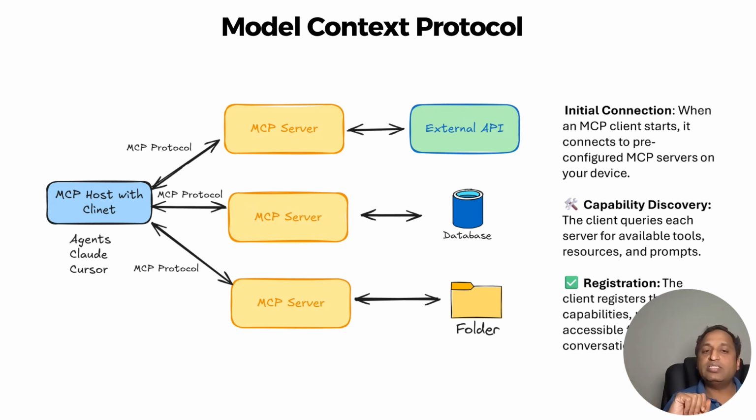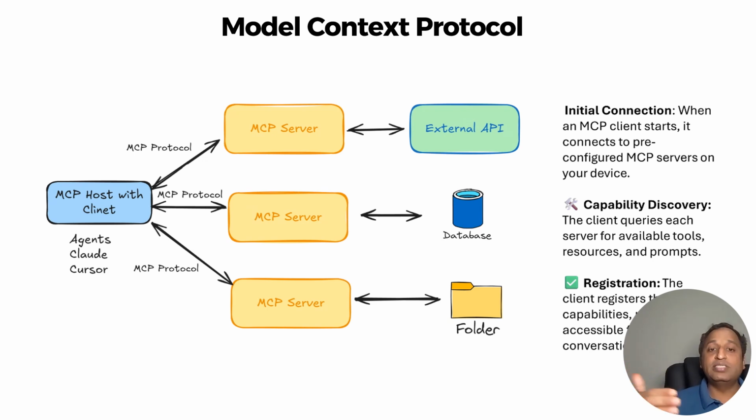So how do this client and server connect? When the initial connection happens between the client and server, they exchange capabilities. MCP server 1 says, hey client, I am MCP server 1 and I have two tools. One tool called flight API tool, which will give flight information. Another tool called hotel API tool, which will give information about hotels.